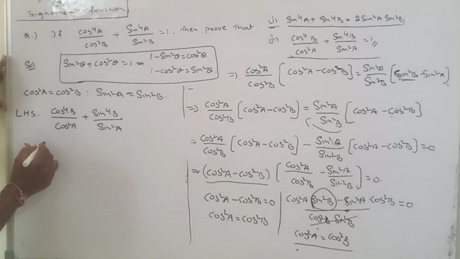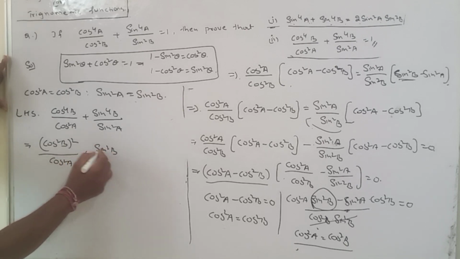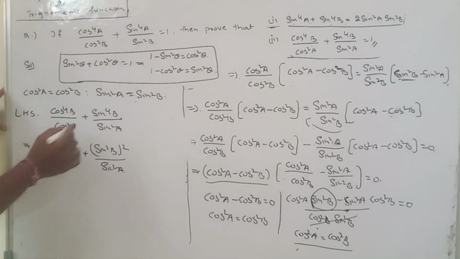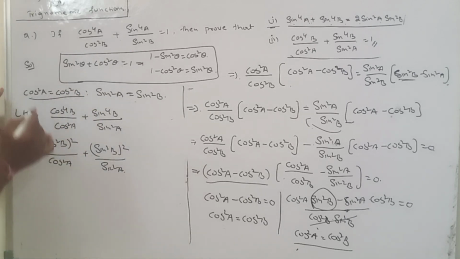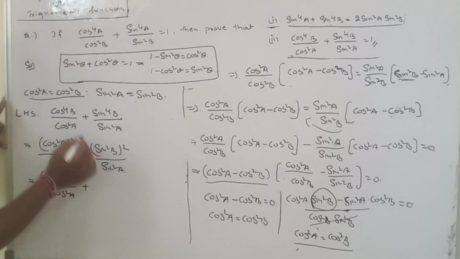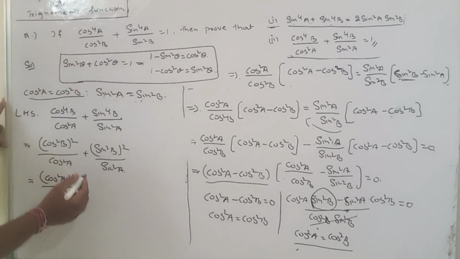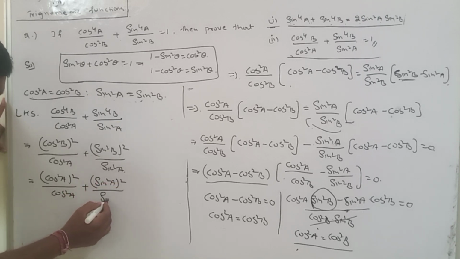This can be written as (cos²B)²/cos²A + (sin²B)²/sin²A. But cos²B is equal to cos²A, and sin²B is equal to sin²A. So (cos²A)²/cos²A + (sin²A)²/sin²A.